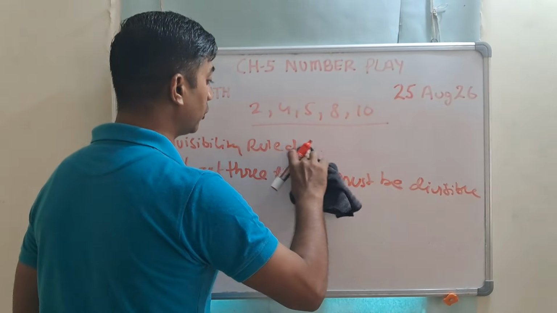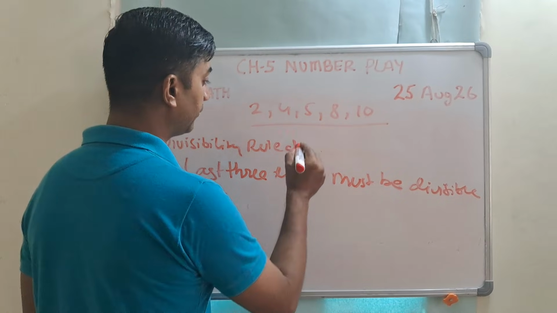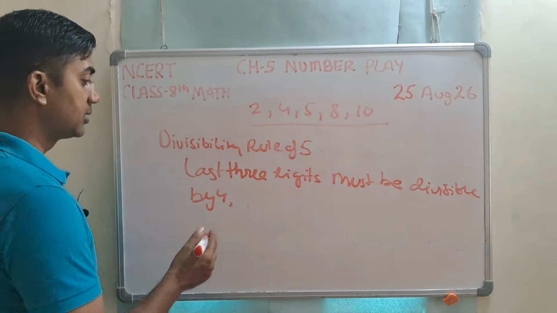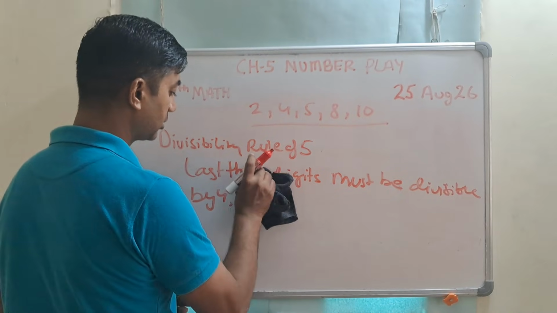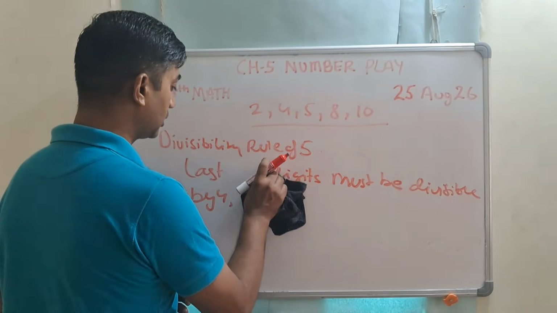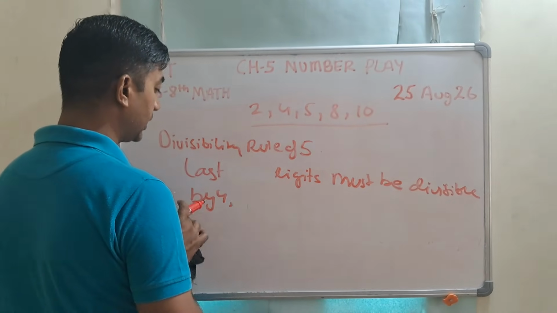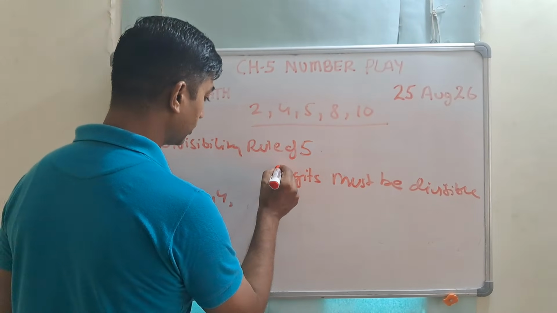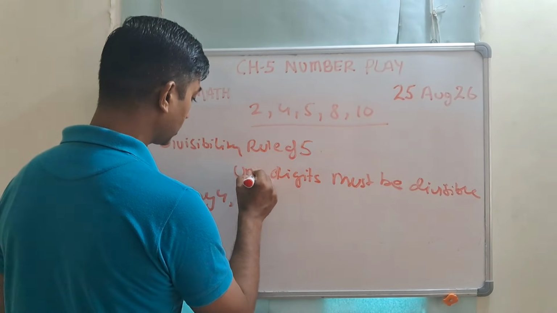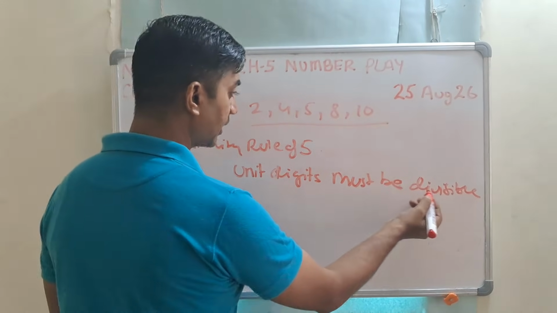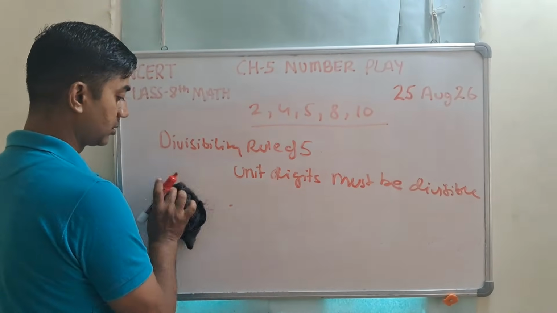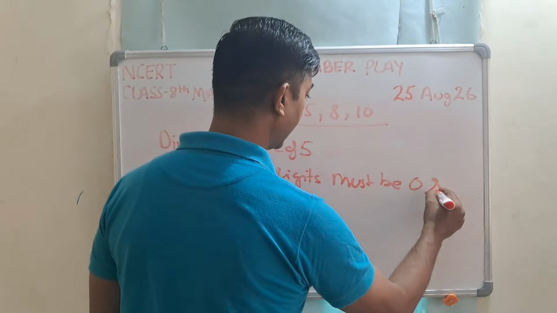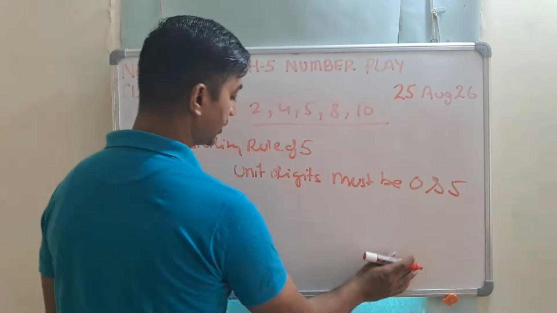Now what is the divisibility rule of 5? What is the divisibility rule of 5? Means the last digit, we can say last digit or unit digit. Understood? The unit digit must be 0 or 5.